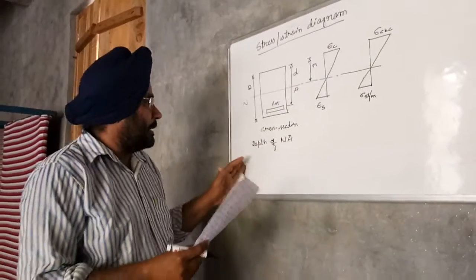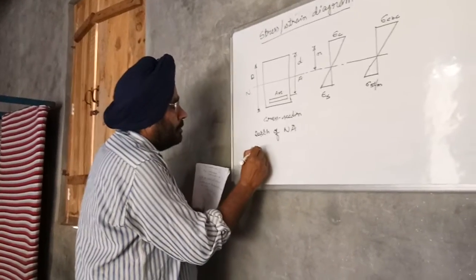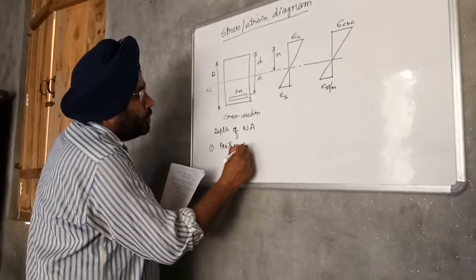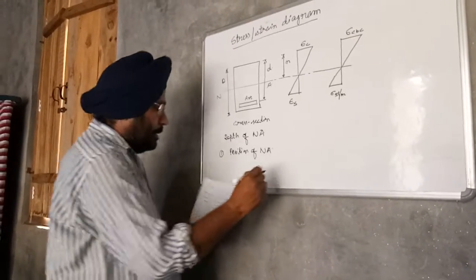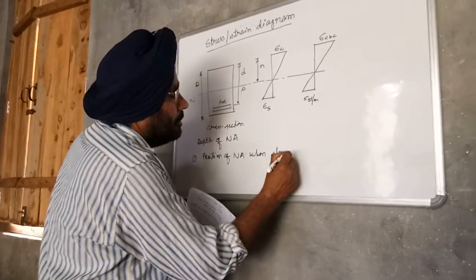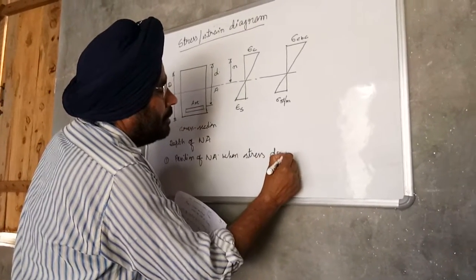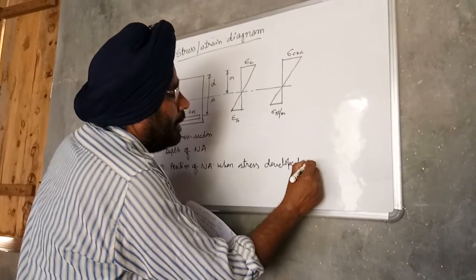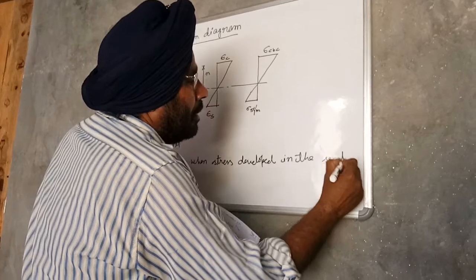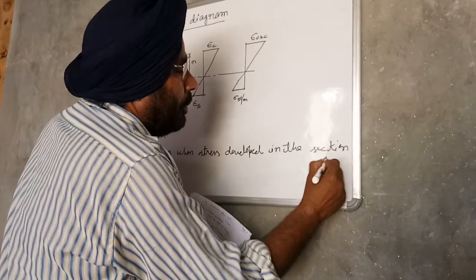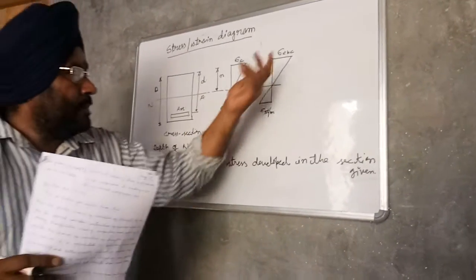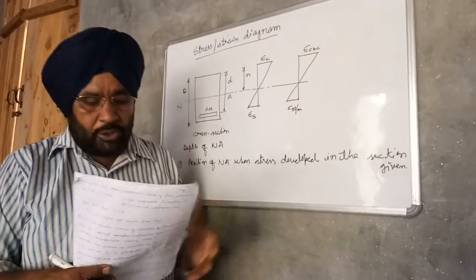First, the position of the neutral axis when the stresses developed in the section are given. That is, the values of sigma cbc and sigma st are given to us.